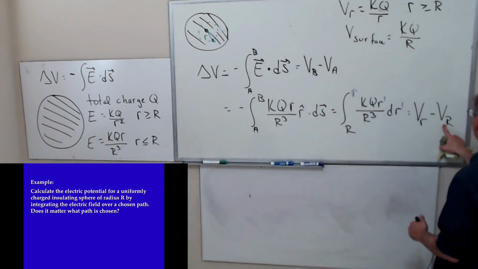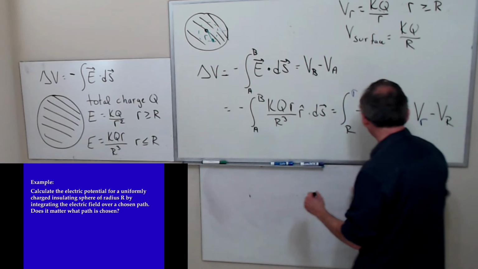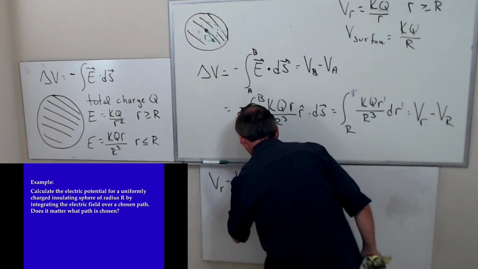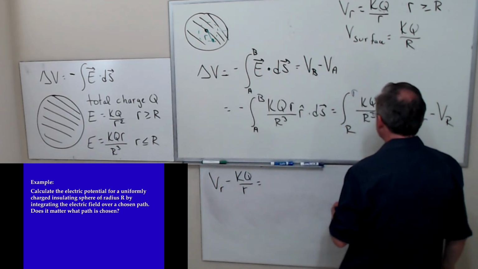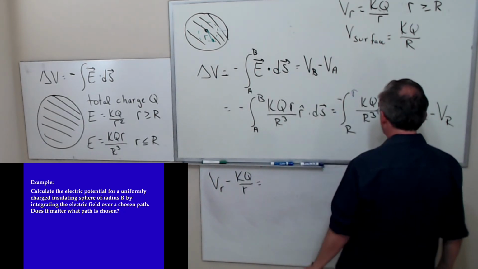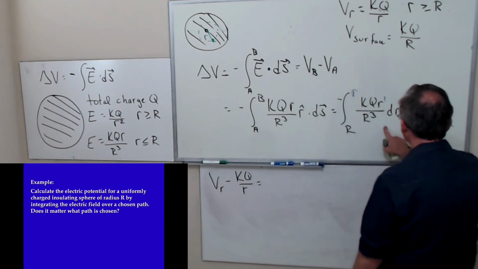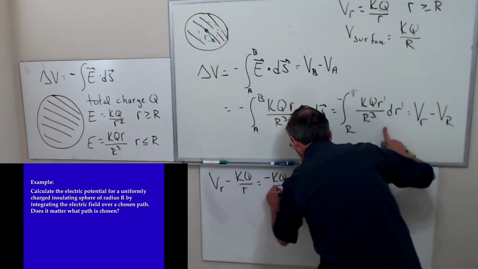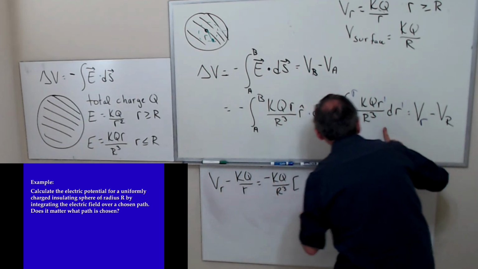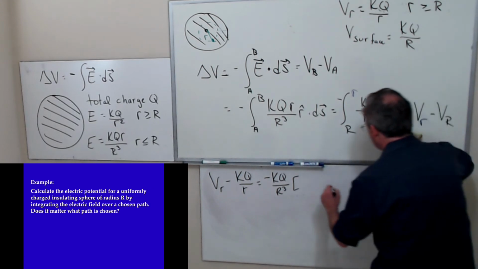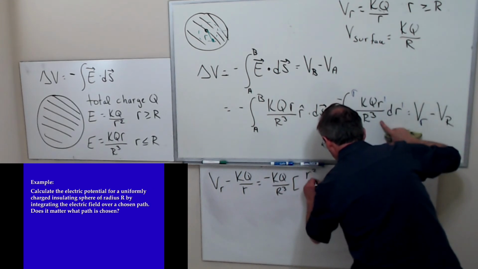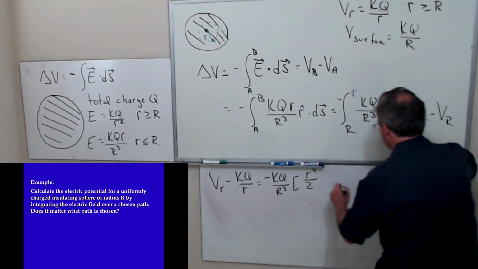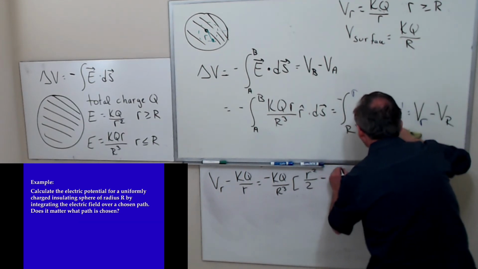Okay, so this is KQ over R. So let me do this. I dropped the minus sign, didn't I? So what does this integral give me? It's going to give me R squared over 2 minus big R squared.